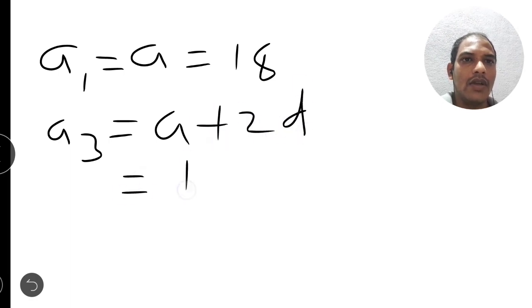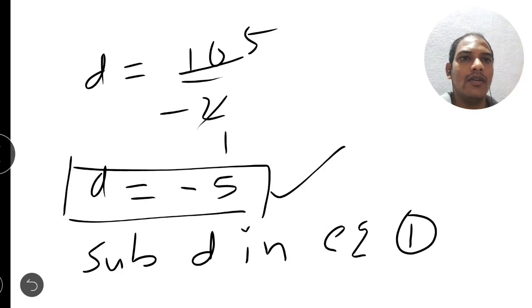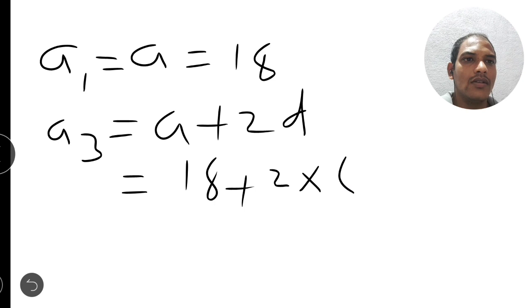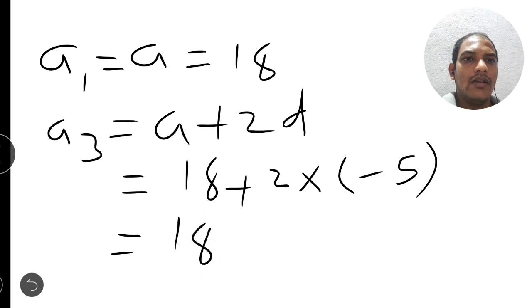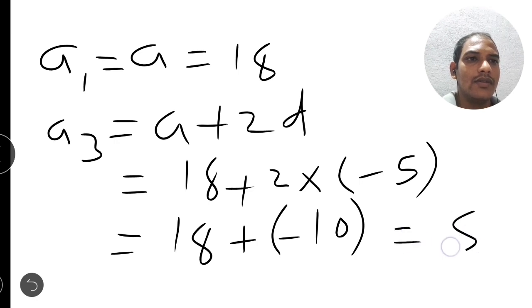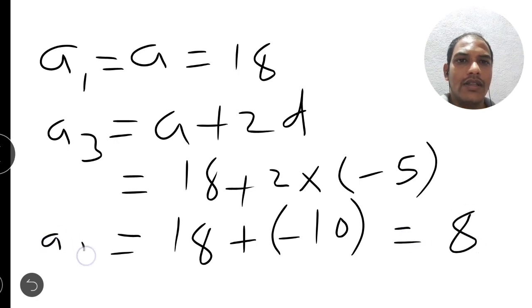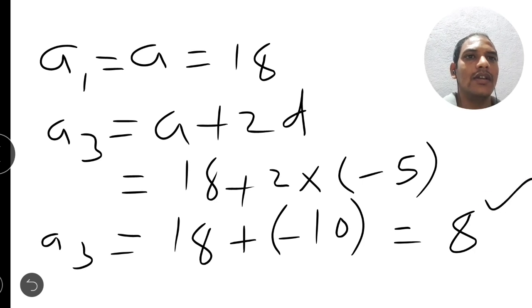So a value 18 plus 2 into what is the d value? Minus 5. 18 plus 2 into minus 5, which is minus 10, so it equals 8. So the A3 answer is 8. A1 answer is 18 and A3 answer is 8.